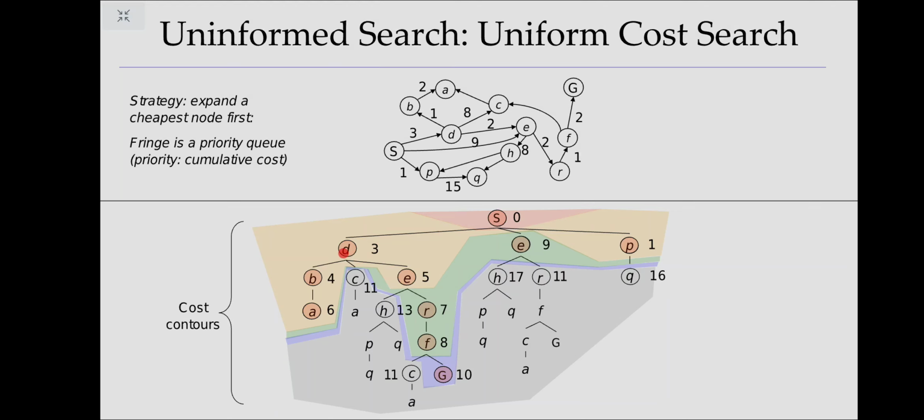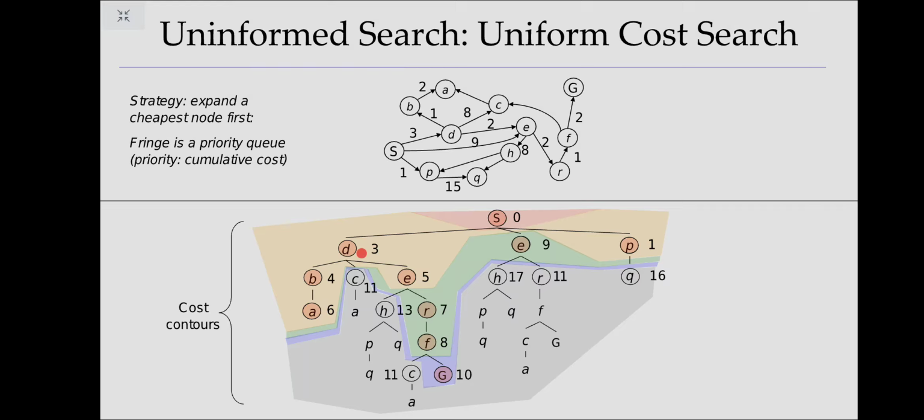The predecessor node of D is S. The predecessor of E is S. The predecessor of P is S. Thus, the label can be defined by a unique formula.